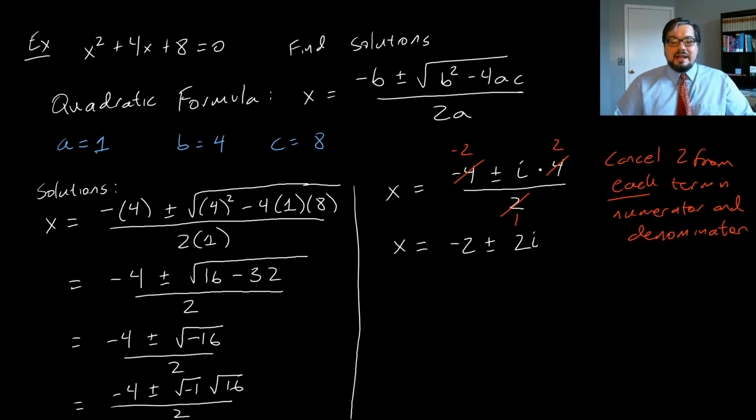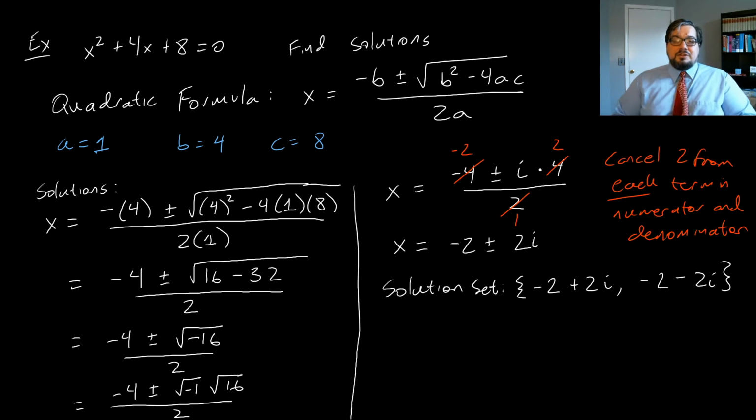So we find that our solutions are x is equal to -2 plus 2i, or x is equal to -2 minus 2i. So the solution set of this equation is -2 plus 2i and -2 minus 2i.